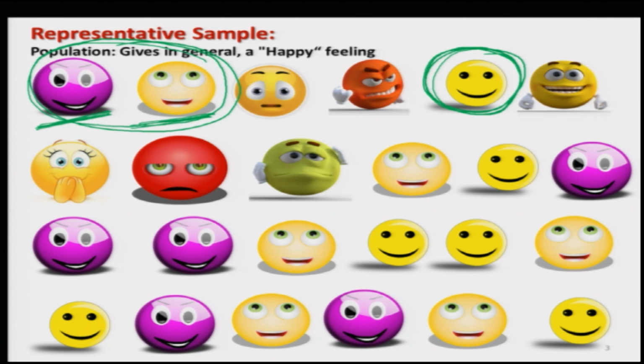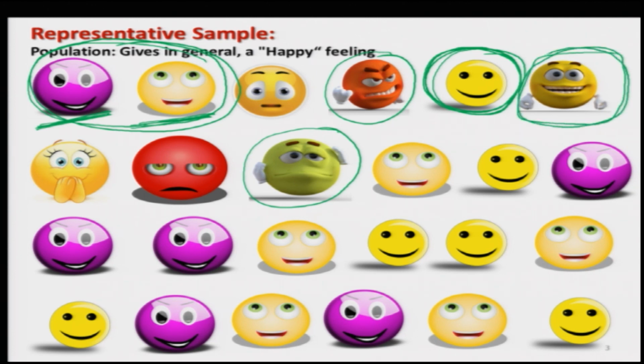There are some faces which are saying that the person is not really happy. For example, this one is indicating that the person is not really happy. This is indicating that the person is surprised, and here is one more smiley which is saying that the person is very happy, right. So, you can see that there are different smileys, which are altogether different, but different smileys are also indicating similar information.